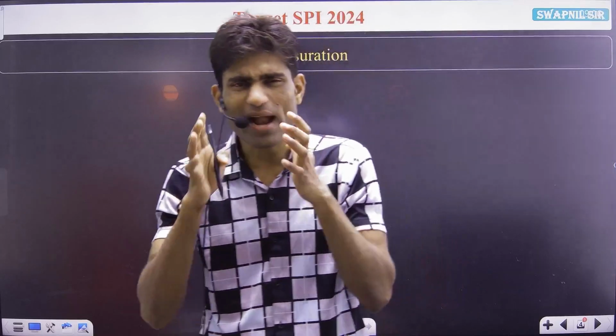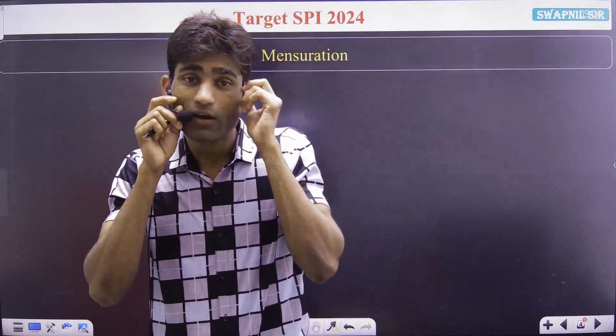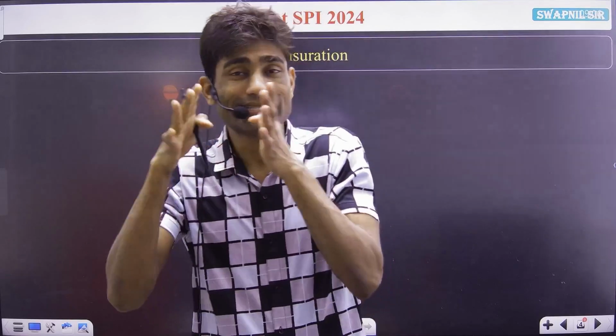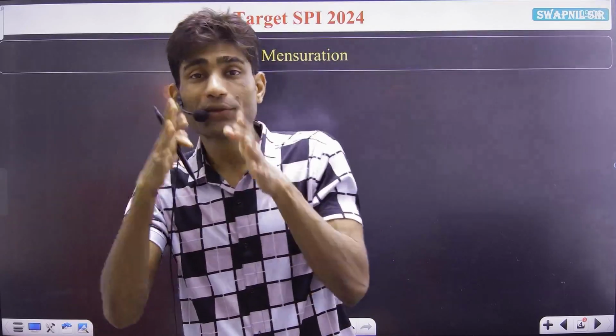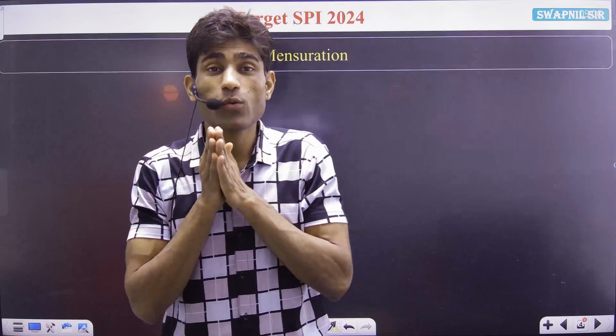Now what are the major solid shapes we are all familiar with? Cylinder, cone, sphere, hemisphere, cube and cuboid. These are the major solid shapes which are very important in your SPI exam.